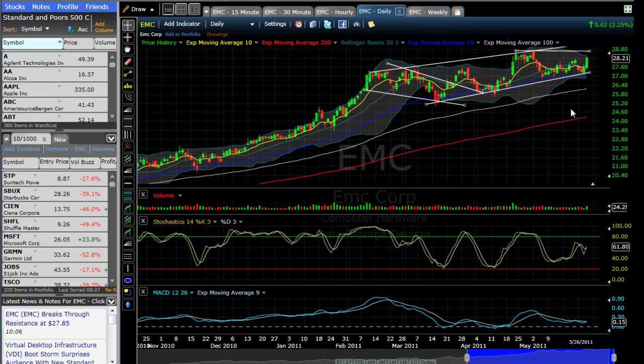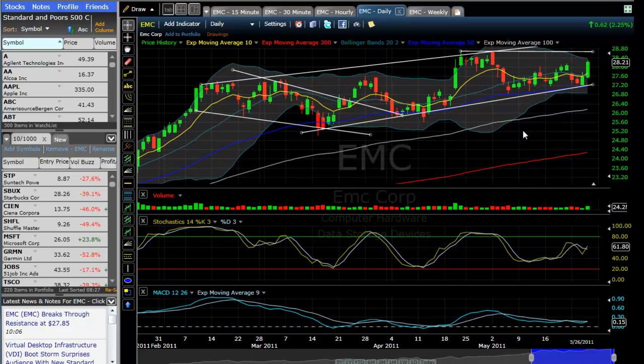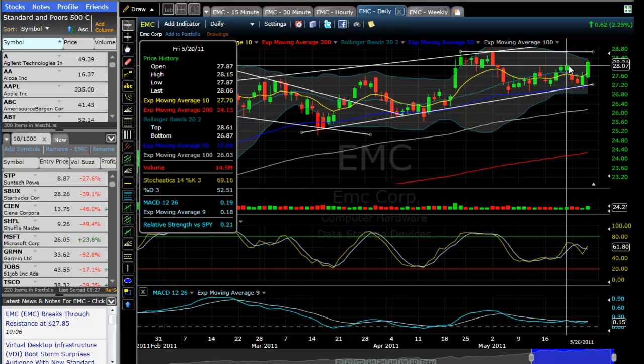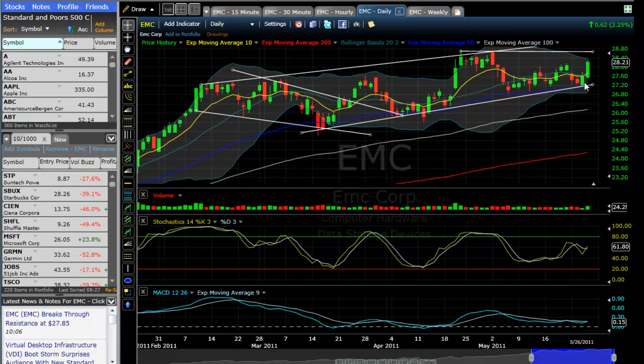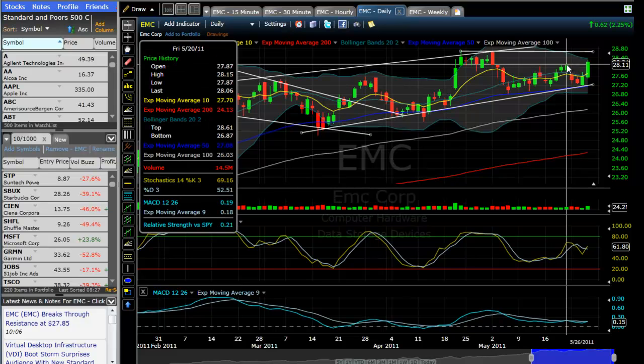EMC, a number of us have traded this, and we held patiently as this options trade continued to bounce around between the 20 and the 50 and this lower trend line. I exited my entire position today on this candle when we broke above the highs on Thursday, Wednesday, Tuesday, Monday, the highs on Friday.